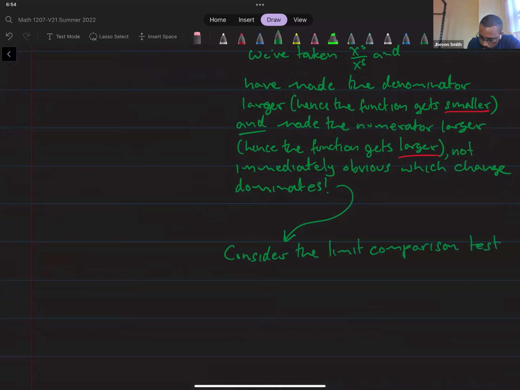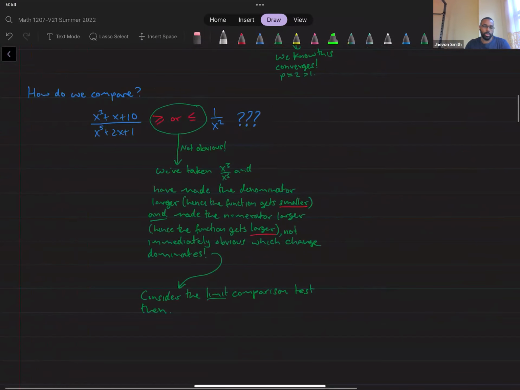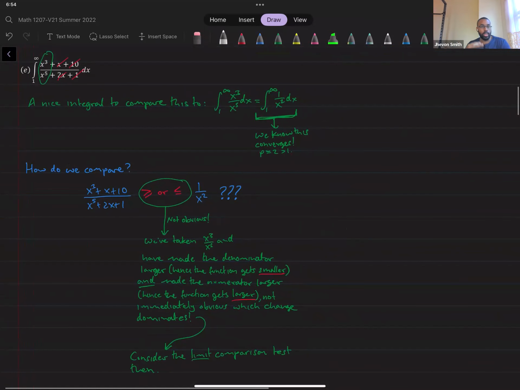I would tend to favor the direct comparison unless it's really annoying or impossible to actually assign the inequality in the right way. But these would be the things I would think about, right?